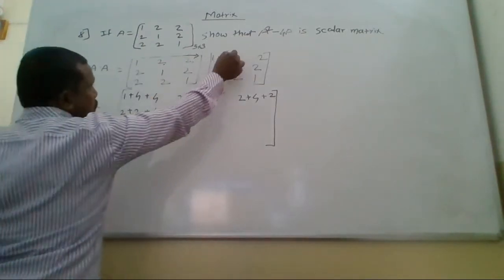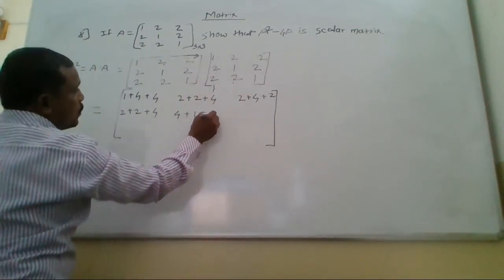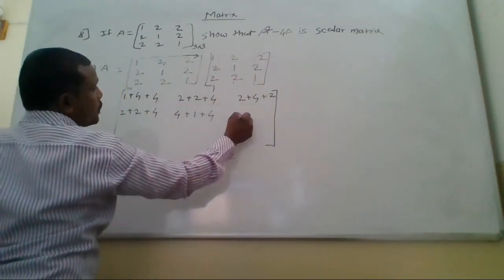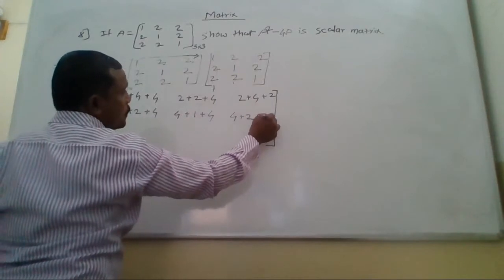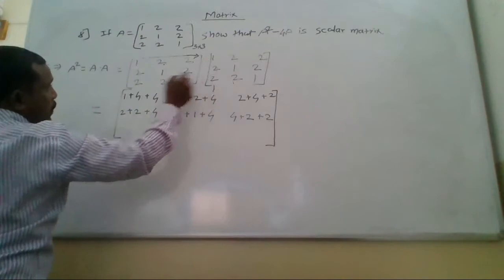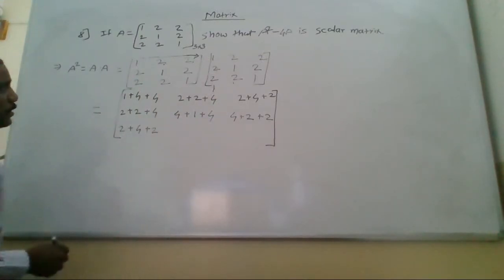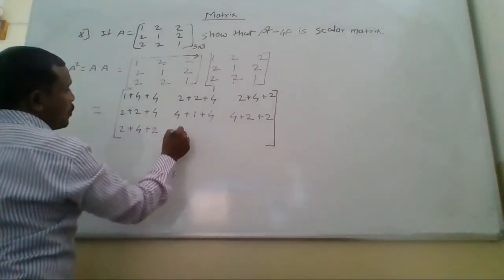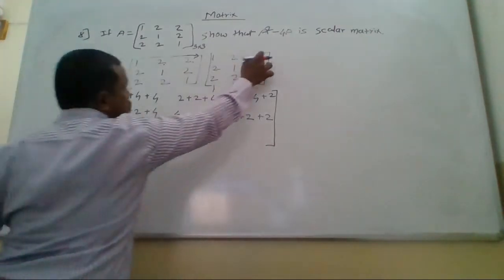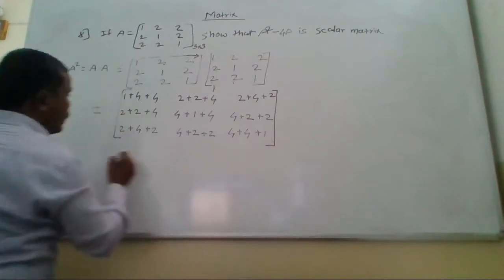So second row, second column: again 2 into 2 is 4, plus 1 plus 4. Second row and third column: 4 plus 2 plus 2. Now the last, third row, first column: 2 plus 4 plus 2, and third row, second column: 4 plus 2 plus 2, and third row, third column: 4 plus 4 plus 1.